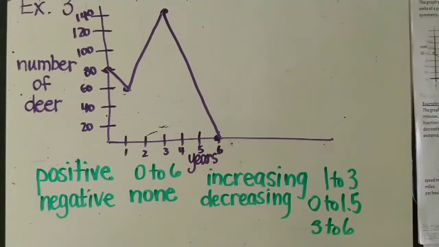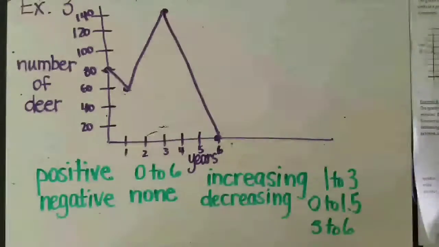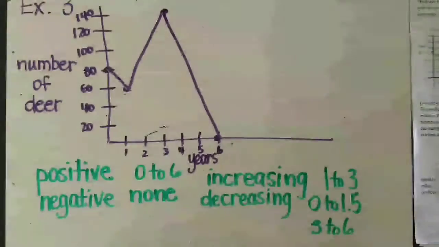Now we need to look for relative extrema. This means, is there a point that is very high, and is there a point that's very low? In other words, is it changing suddenly?